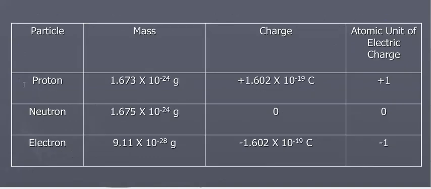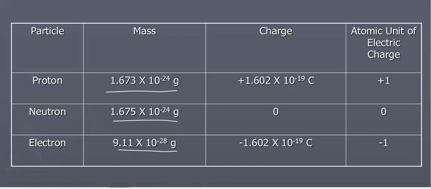So here is a comparison of the three types of subatomic particles: proton, neutron, and electron. What I want you to notice, first of all, are the masses. Protons and neutrons are essentially the same mass. Electrons are about 2,000 times smaller than a proton or a neutron.